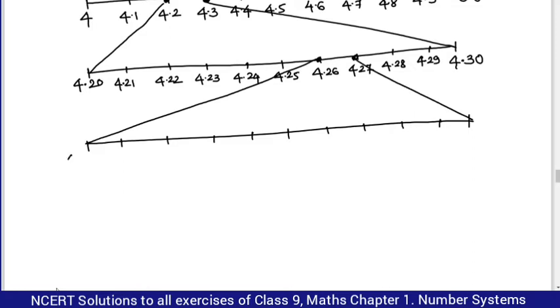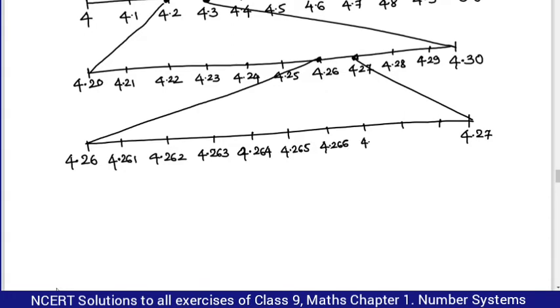So mark these 2 points. Draw another number line with the endpoints 4.26 and 4.27. In between also you have to mark the points as 4.261 to 4.270.